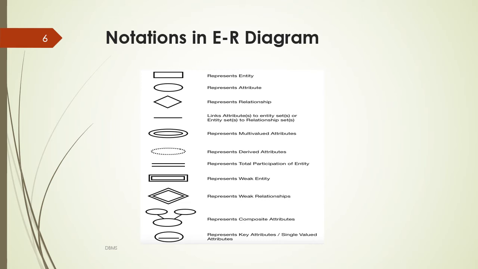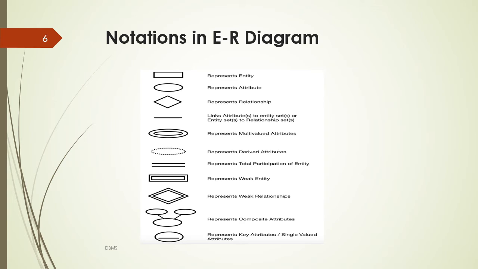Now these are the notations which are used in an ER diagram. A rectangle represents the entity, the ellipse represents the attribute, the diamond shape represents the relationship, and the straight lines are the links from attributes to entity sets or entity sets to relationship sets. A double ellipse shows the multivalued attributes.